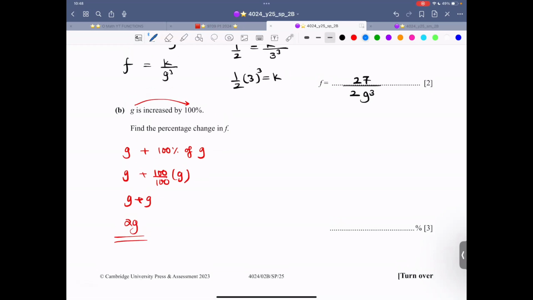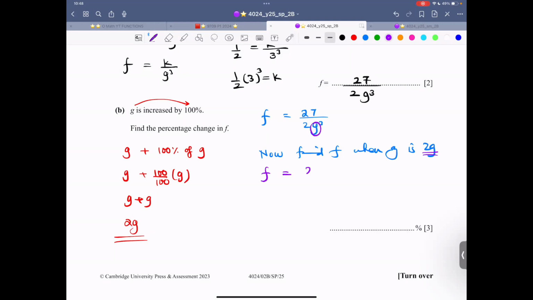So now let me write the equation. F is equal to 27 over 2G cube. Now find F when G is 2G. So basically over here, you are plugging in 2G.